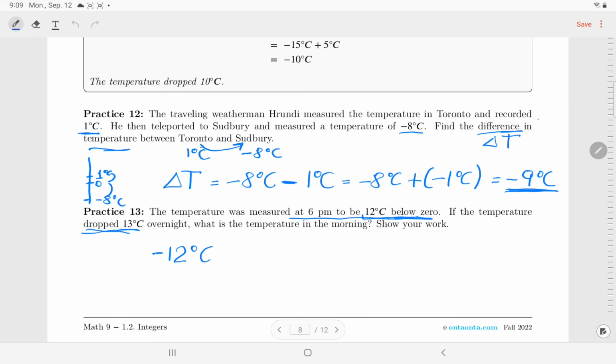Then the temperature dropped 13 degrees Celsius overnight. So minus 13 degrees Celsius. I'm going to rewrite it as negative 12 degrees Celsius plus negative 13 degrees Celsius. So the temperature in the morning is negative 12 plus negative 13, negative 25 degrees Celsius.